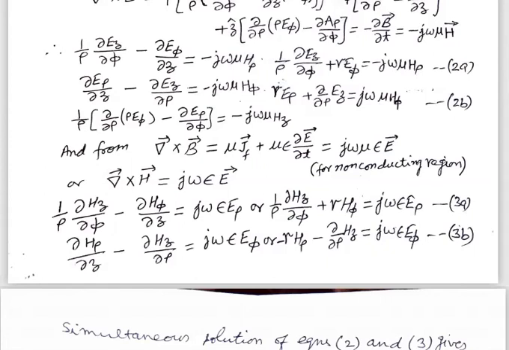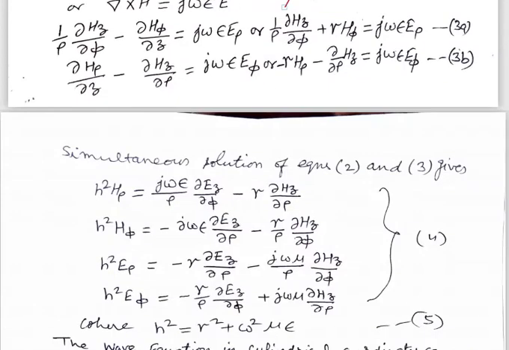For a non-conducting medium, the free current density Jf will be 0, and here we have replaced the del over del t term by j omega, and therefore this Maxwell equation now can be written as del cross H equal to j omega epsilon E. Again, from equation number 1, if we also resolve it to find out the components of rho and phi, which are now shown in equations number 3a and 3b.